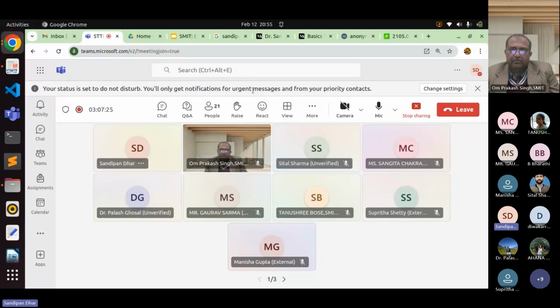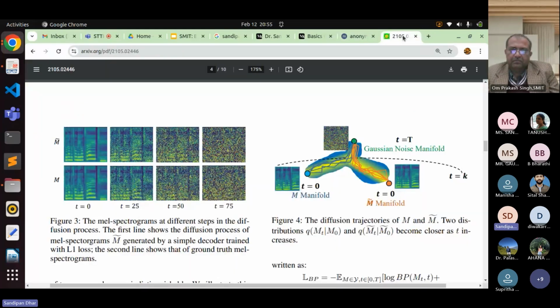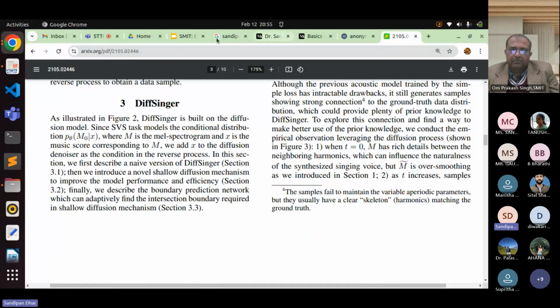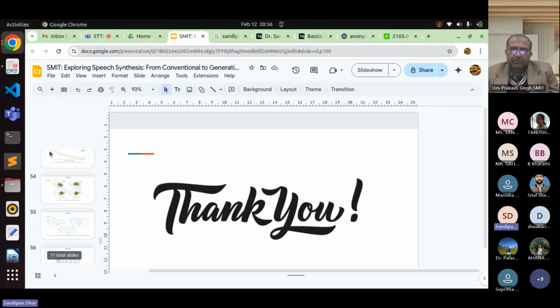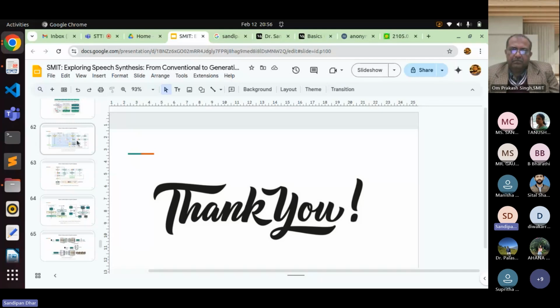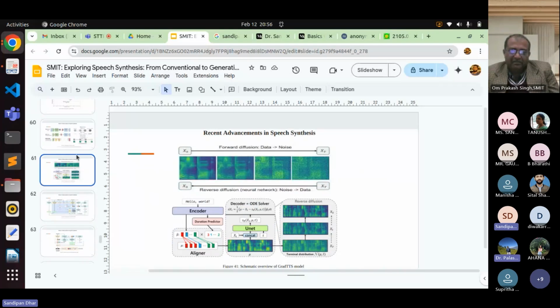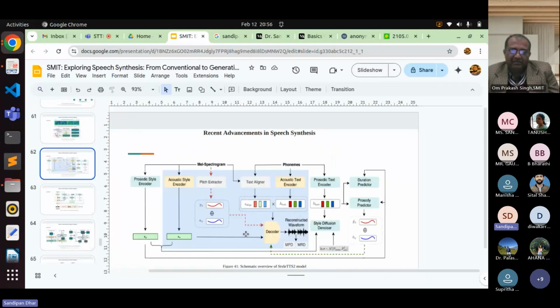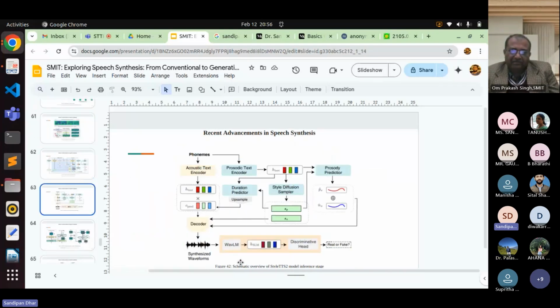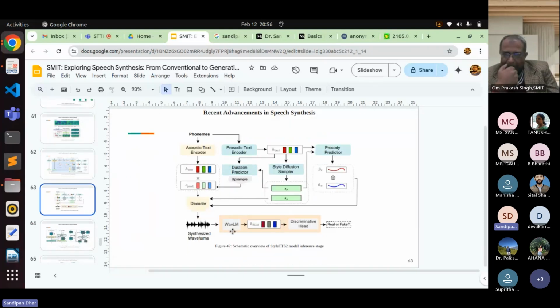Now the StyleTTS2 model, I'm just going to the StyleTTS2 part in my slide. StyleTTS2 also uses this adversarial learning mechanism. GAN is basically not exactly a model, it is an adversarial learning mechanism. Can you see my cursor?